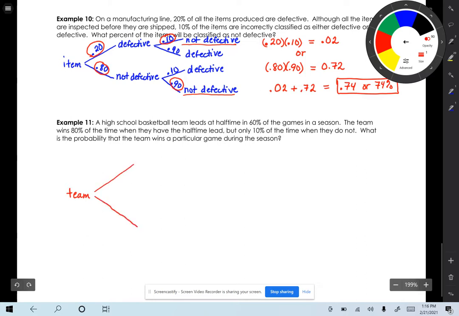So leads at 60% of the games. So 0.60 leads at halftime. And then remember the remaining 40% would be trails at halftime.